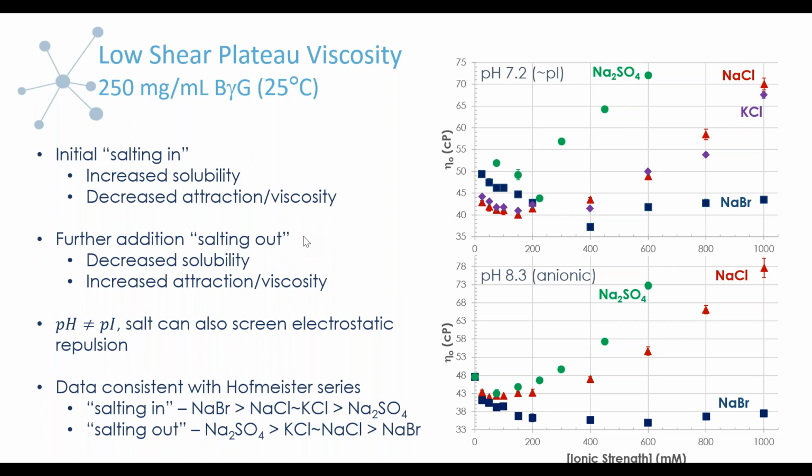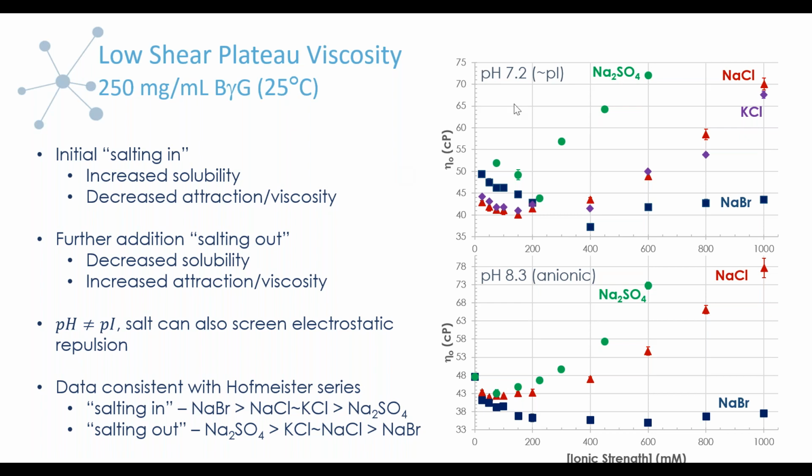And then as we add more and more salt, we're now starting to take away water molecules from the protein, causing it to become potentially more attractive, decreasing solubility, and then increasing viscosity. The effectiveness of the salt in either the salting in region or the salting out region depends on where these salts fall along that series.